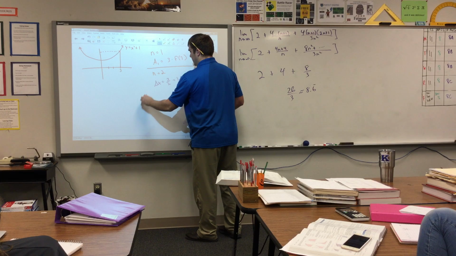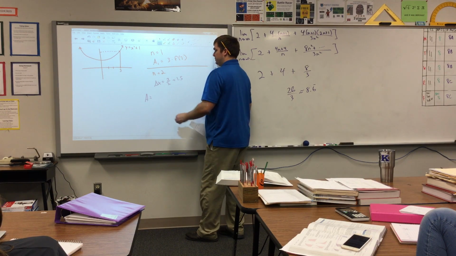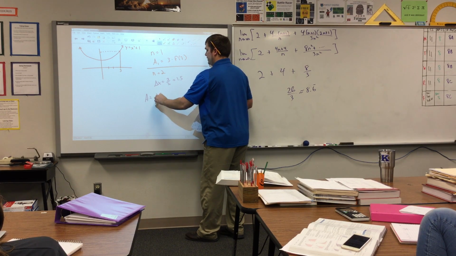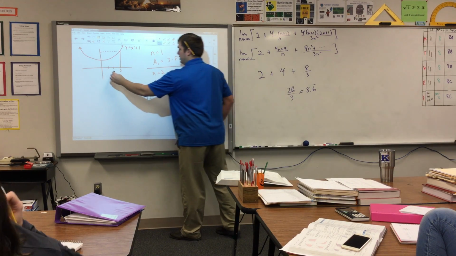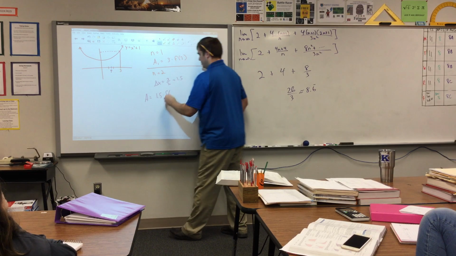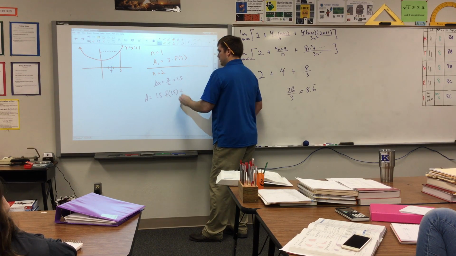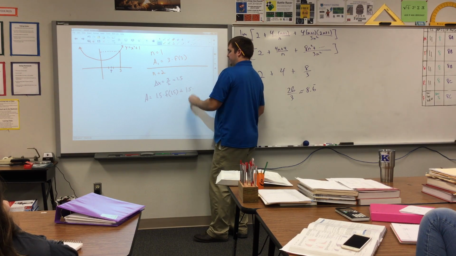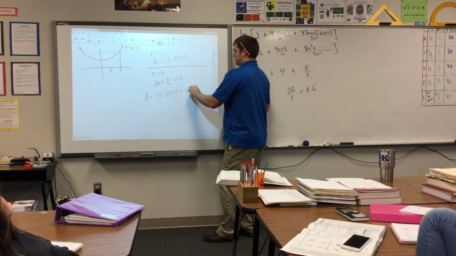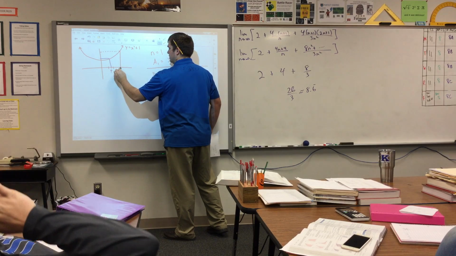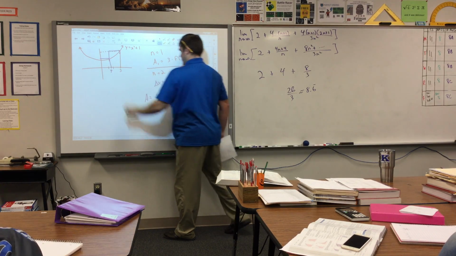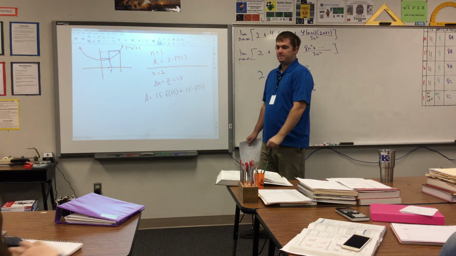So my area would be 1.5 times f of 1.5, plus 1.5 times f of 3. So that one plus that one.